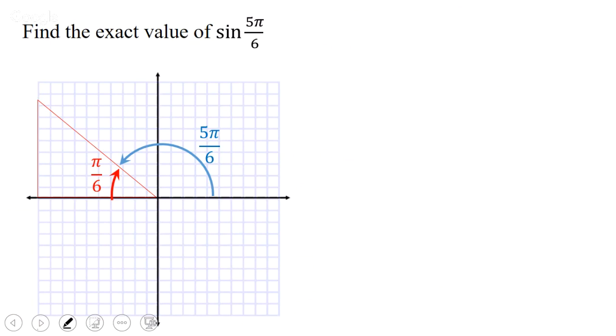Well, pi over 6 is actually 30 degrees. So I have a 30, 60, 90 triangle. So remember, across from 30 is 1. Across from the smallest angle is the smallest number, 1. Then my hypotenuse is going to be 2. And what's left is square root of 3. But since I'm in the second quadrant, it's going to be negative. So there's my triangle. Once I have my triangle, I can find all 6 trig functions.